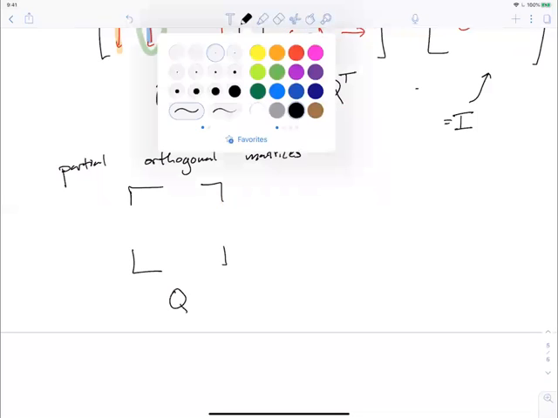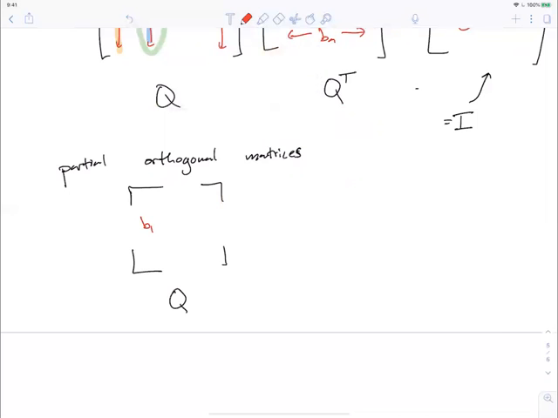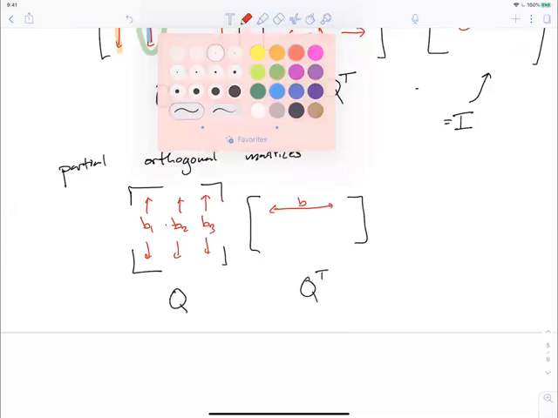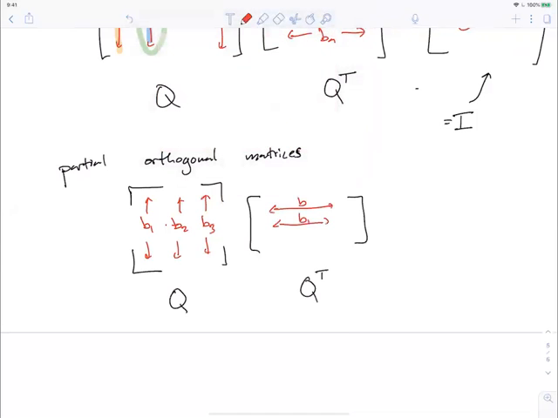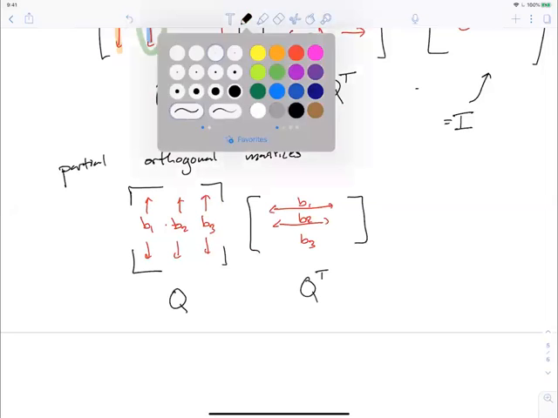Maybe it's 3 vectors in Rn or any number. And if I take this and multiply it by its transpose, this gives you a new matrix called P.